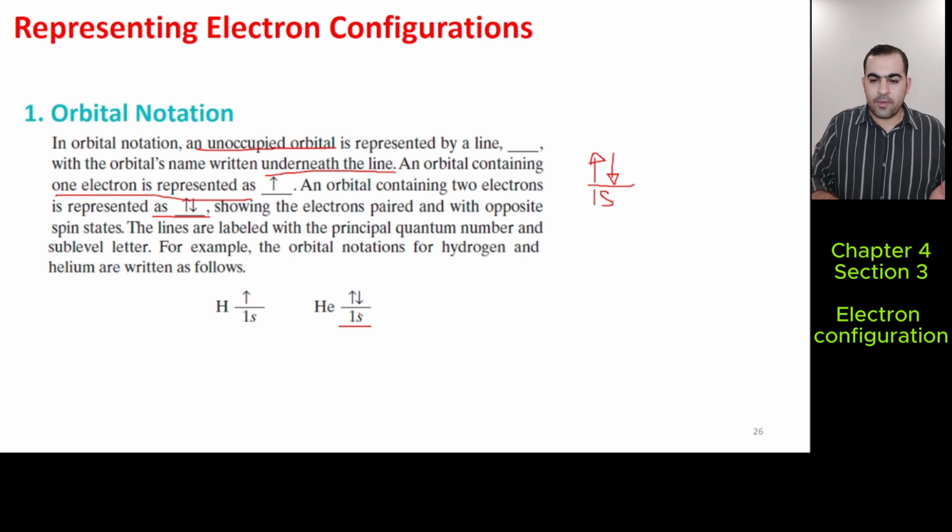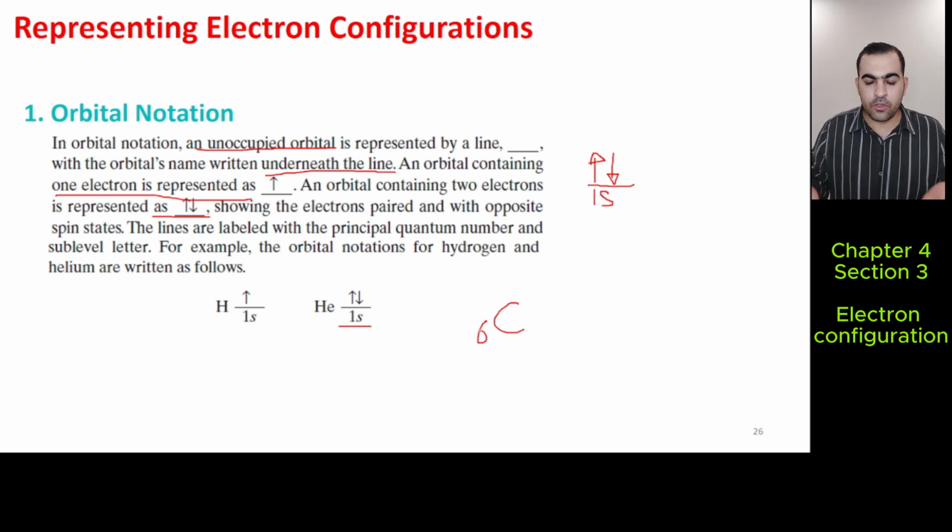In the exam, if I tell you to write the orbital notation for carbon, its atomic number equals 6. By the Aufbau principle I know the order.